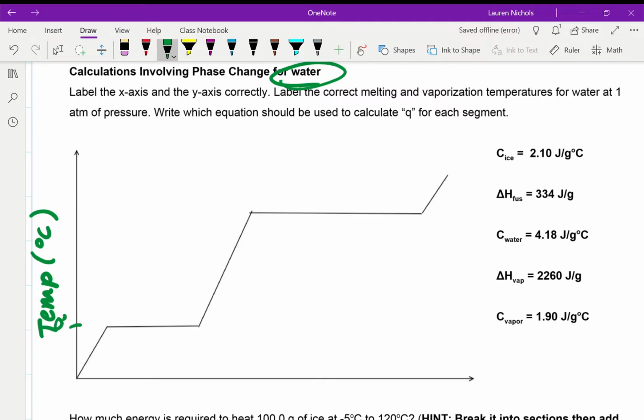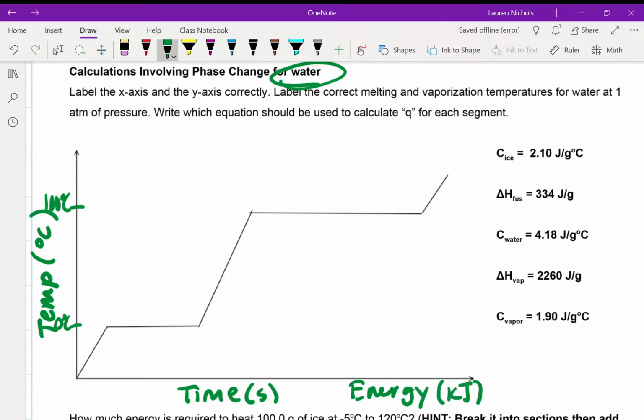This one is at 100 degrees Celsius, right? So those are where our segments, our flat lines, are occurring. And our x-axis is either time in seconds, or it can also be energy in kilojoules.